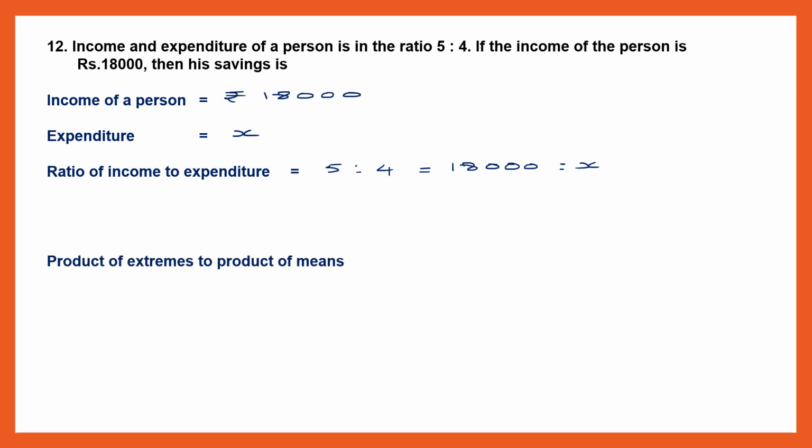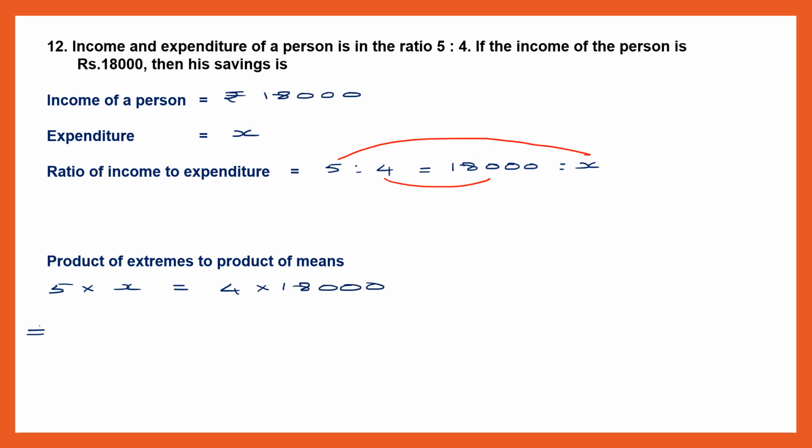So product of extremes are 5 and x and means are these two numbers. So let's find the product of extremes. So 5 into x, that should be equal to 4 into 18,000.